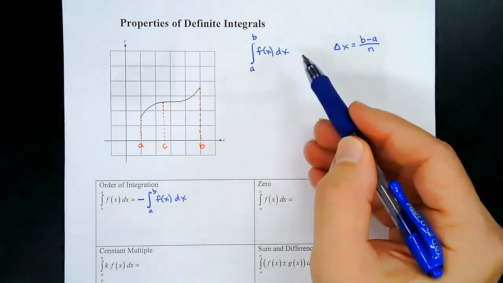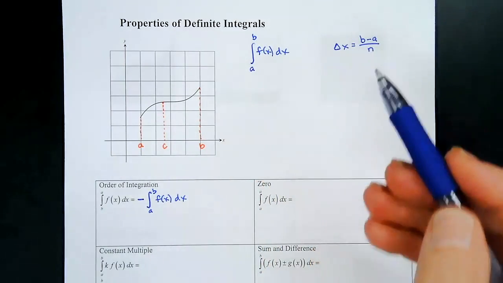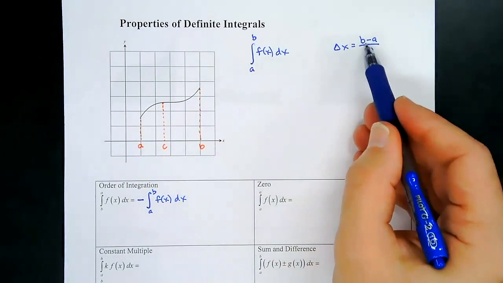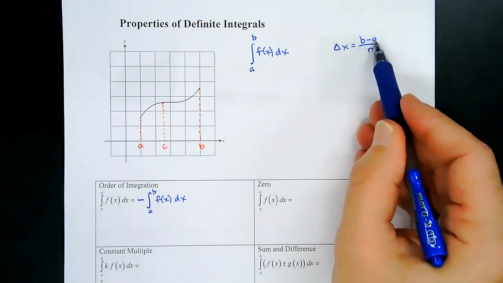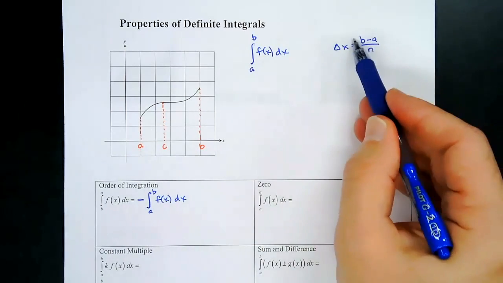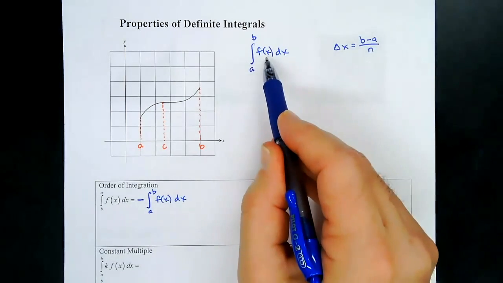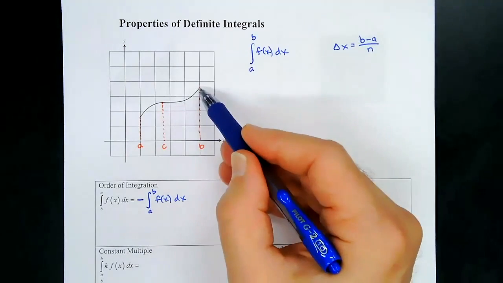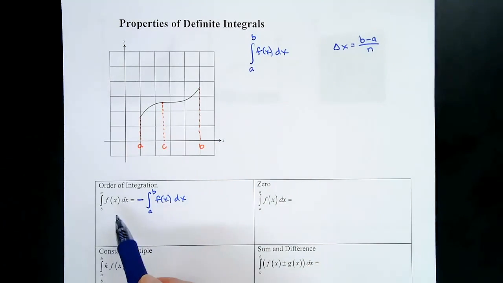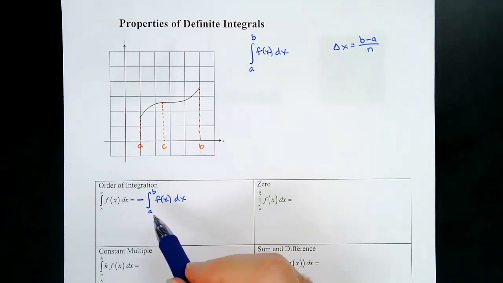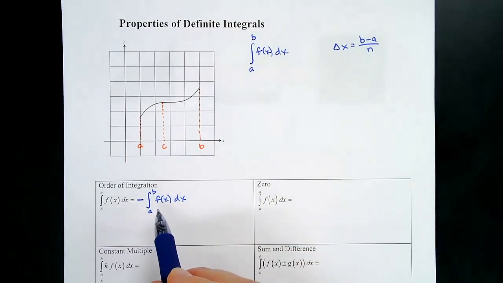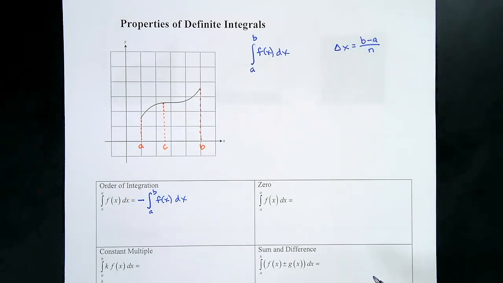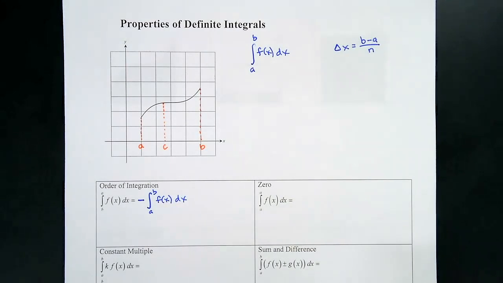And so when I multiply, I'm going to get a positive value. However, with this same function, if I flip it, my delta x becomes a minus b, and this becomes negative. My function is still going to be positive because it's still taking place right here. So in order to get this, it's going to be the opposite of whatever the integral is from a to b. That's what this says. That's the hardest one to understand, I think.